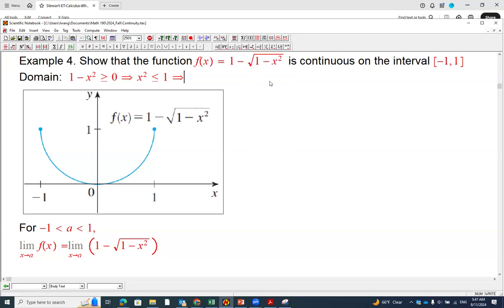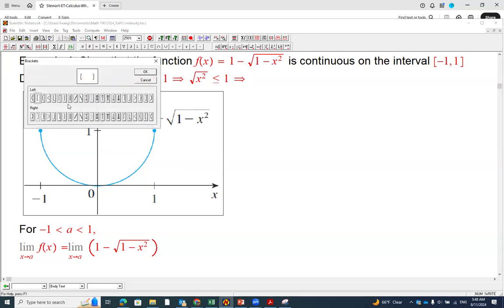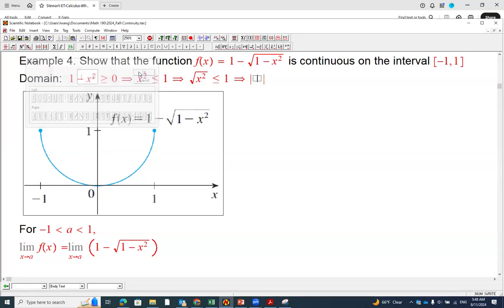And continue that process, you take the square root on both sides. The square root of 1 is still 1, then you get the absolute value of x is less than or equal to 1, right? So our basic algebra, and last but not least, we have decided that the domain is between -1 and +1.